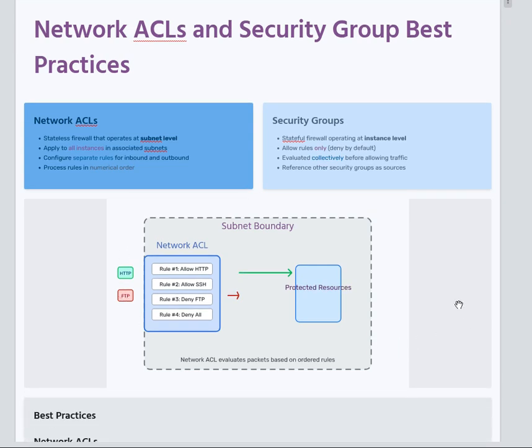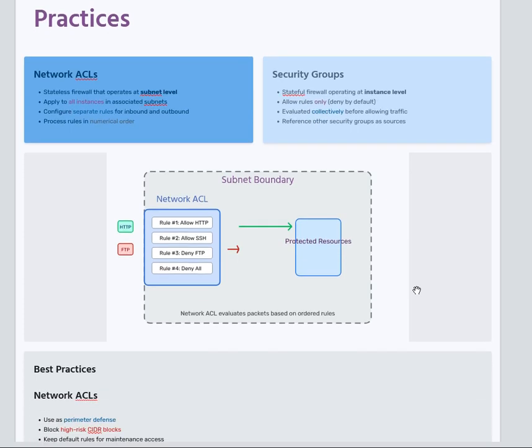So here, see that, network ACLs sit at the subnet boundary. A network ACL evaluates packets based on ordered rules, right? Let's say the first rule is HTTP allowed, and rule two allows SSH.